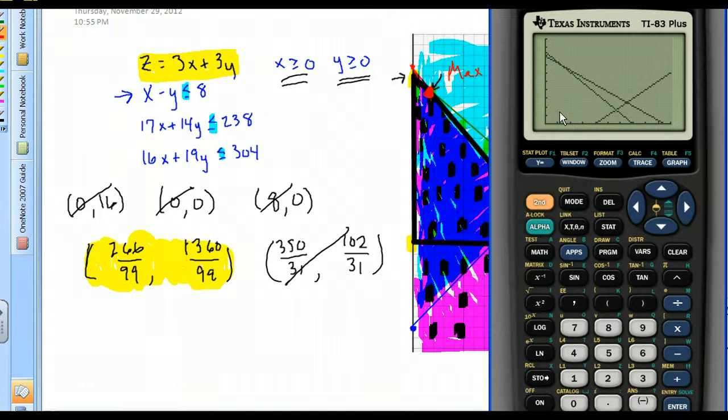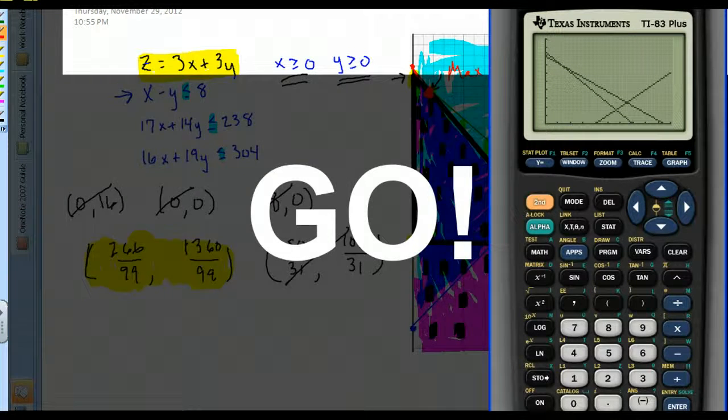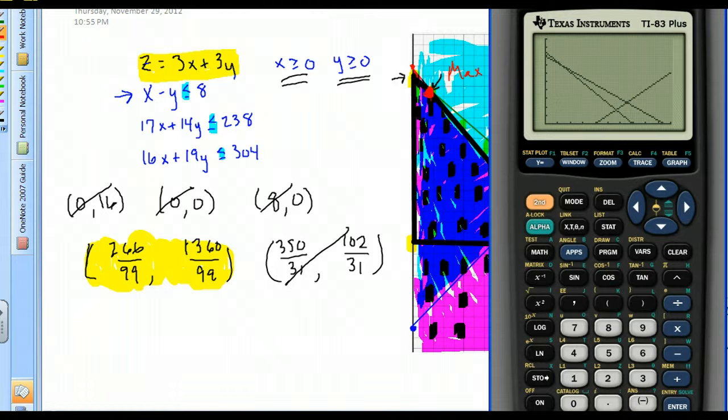So you may want to do a combo of the two. Have it shaded, take the shading away, bring the shading back as needed, or just do it by hand. You've seen an example how to do it by hand. You're just doing the intersections of lines. That's basically what you're doing, and finding all those corner points to check in your equation to be maximized or minimized.